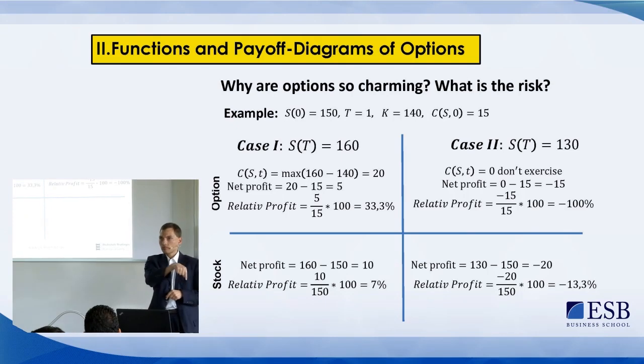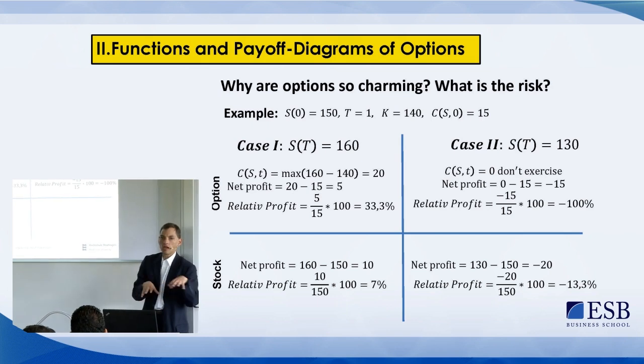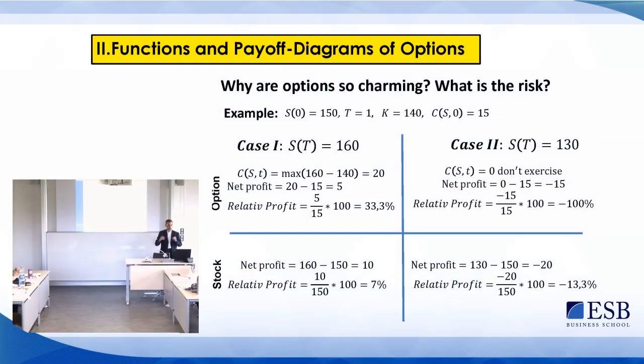But we paid this initial investment a year ago, so we have a loss of 15 euros or dollars. To make it comparable, we relate the loss to my initial investment. The loss is 15, the initial investment was 15. Well, you see, that is minus 100%. So I lost everything I invested. I have a 100% loss.